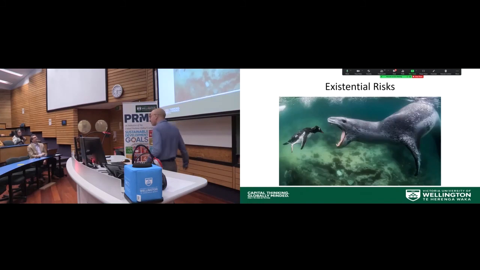Okay, one more thing. Existential risk. I think one thing that I sort of learned from the last 18 months is that we're not very good at thinking carefully about the risks that we are facing.